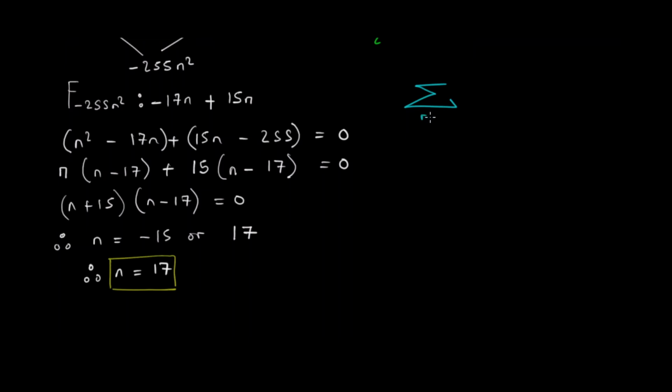Yakadai so yobva yati r is equals to 1, yobva yati n panapa, yobva yati 2r minus 3 is equal to 255. Kana tichida kuwana the first term, tikati when r is equal to 1, first term inenge iri equal to, to substitute 1 into 2r minus 3, towana minus 1. Tikada kuwana the second term, tichaita the same thing and tanga tichiwana 1.